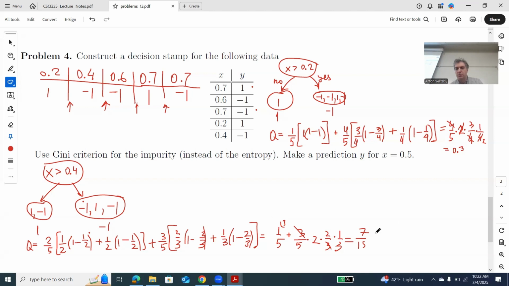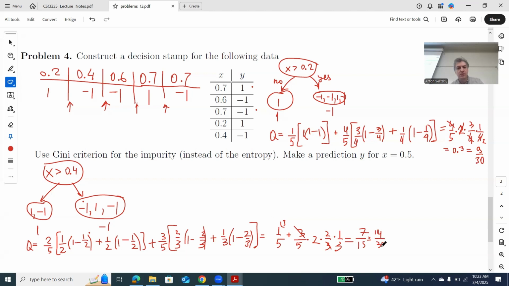And if we want to compare with our previous number, which is 3/10 or 9/30, and this is 14/30, we see that the previous split is better.